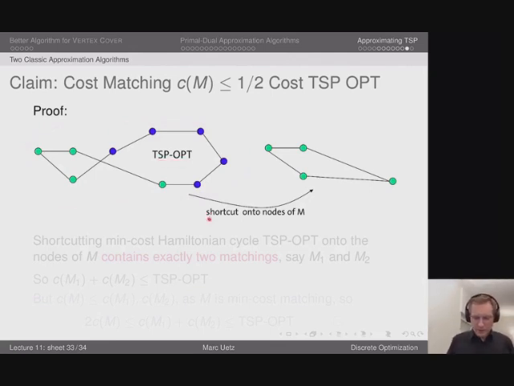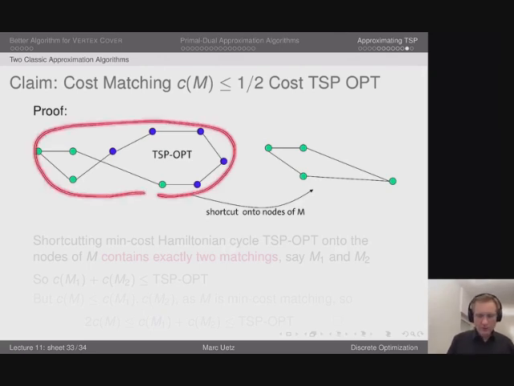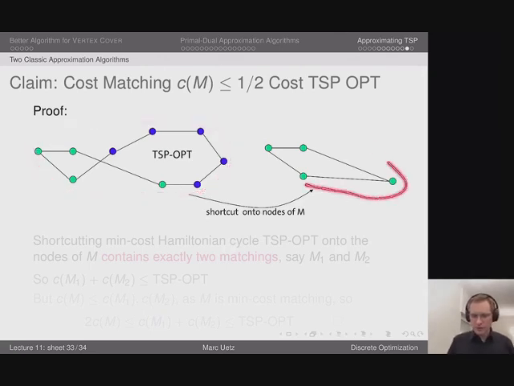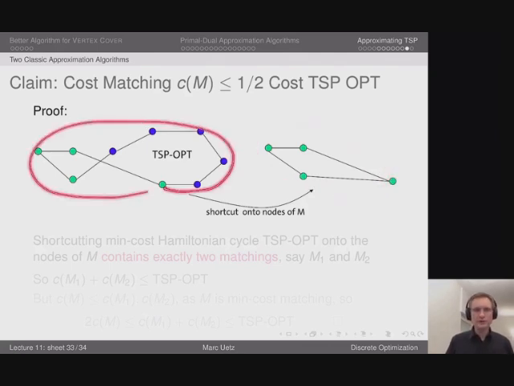I can use the same shortcutting argument because we have a metric and a complete graph to shortcut this long tour on all the vertices of the graph onto a tour on only these green vertices, and these green vertices correspond to the odd degree vertices that we computed in our minimum spanning tree. Okay, so the length of this tour is at most the length of this whole tour.